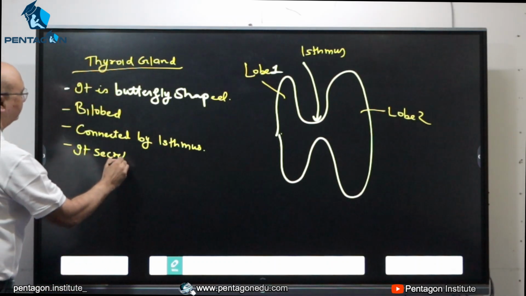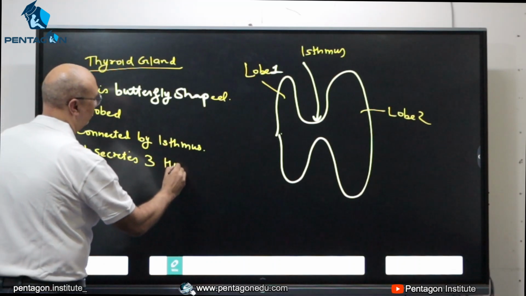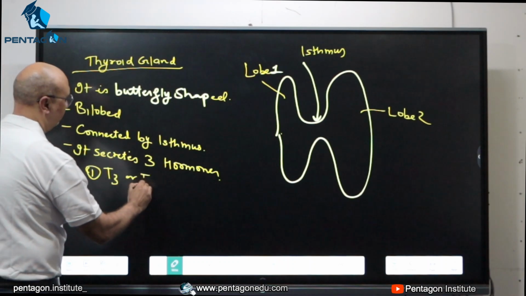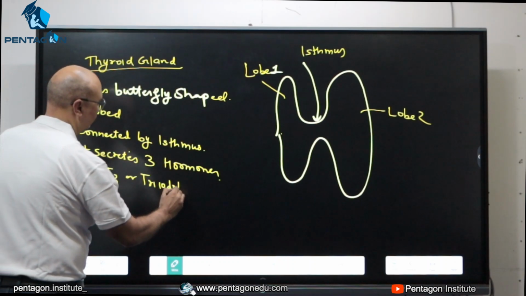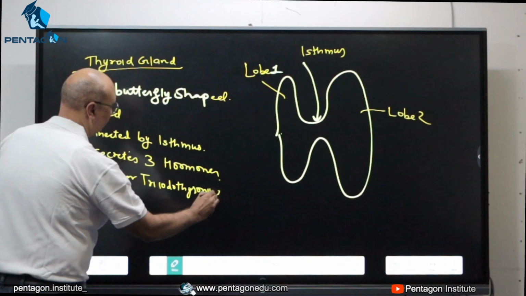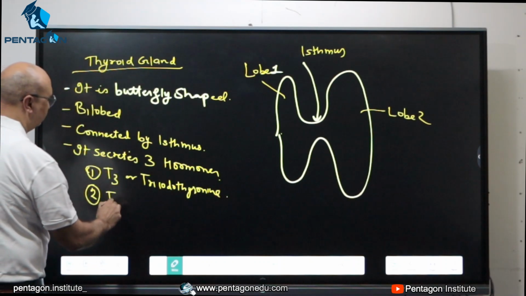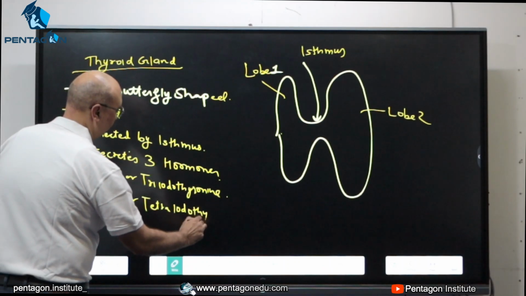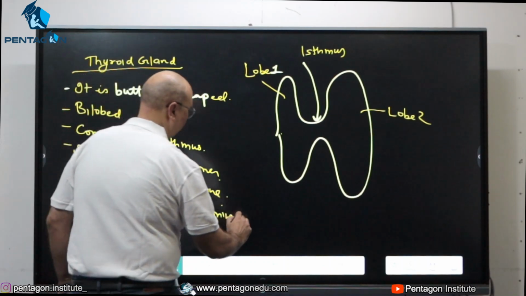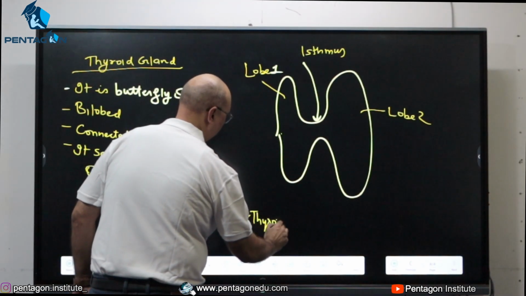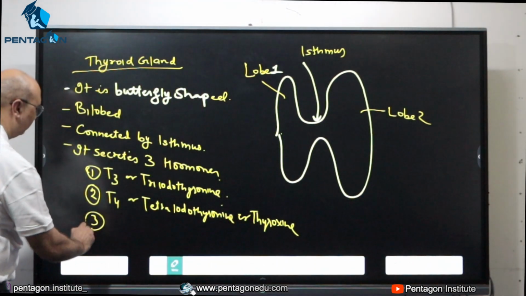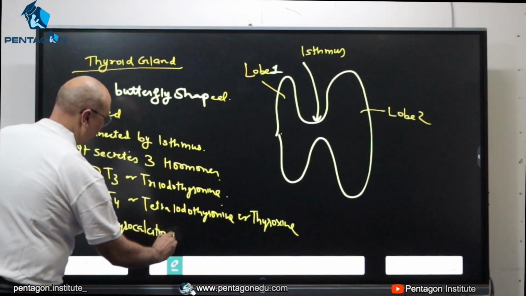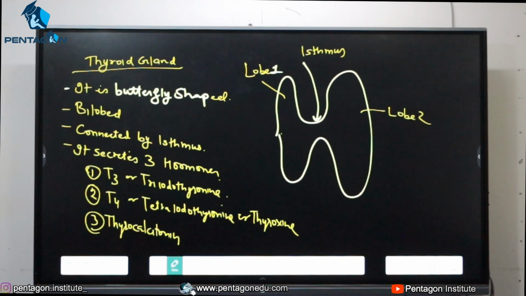It secretes 3 hormones. First is T3 or triiodothyronine. Second is T4 or tetraiodothyronine, or thyroxine. Third is thyrocalcitonin.